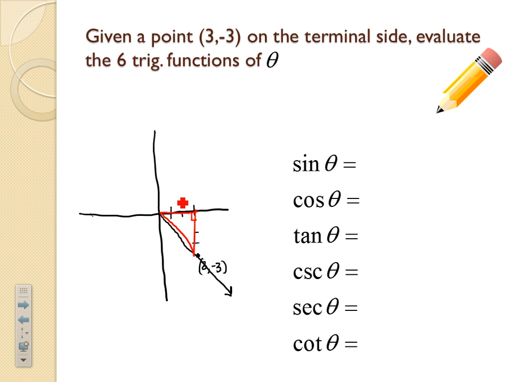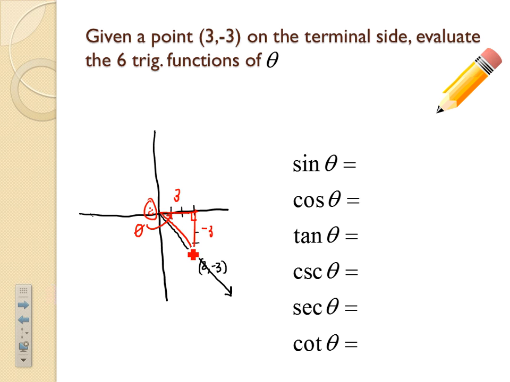It is exactly 3, and this is my -3, and I have to find my hypotenuse. And I know that my reference angle is right there. That's where I'd be standing once I find my hypotenuse. Now this is a 45, 45, 90 triangle because 3 and 3 are the same.